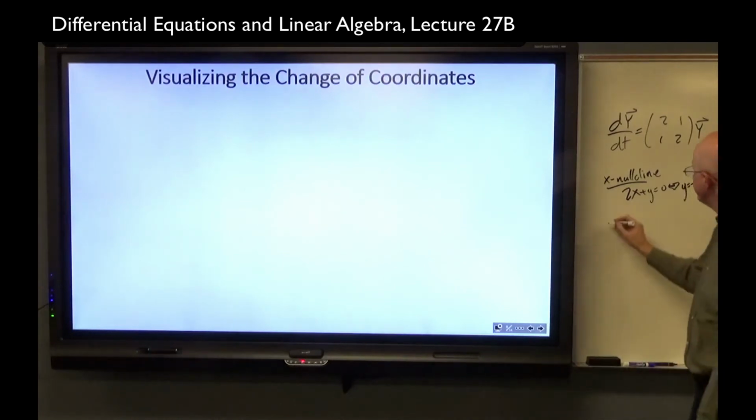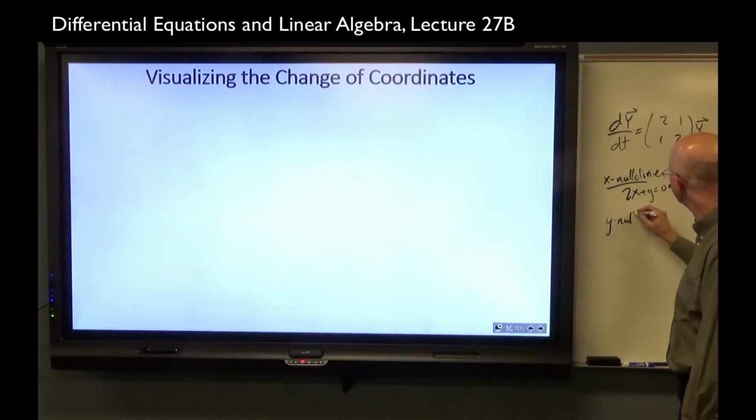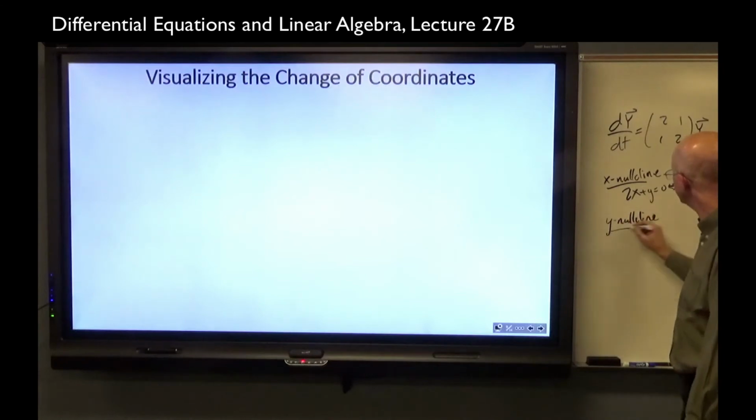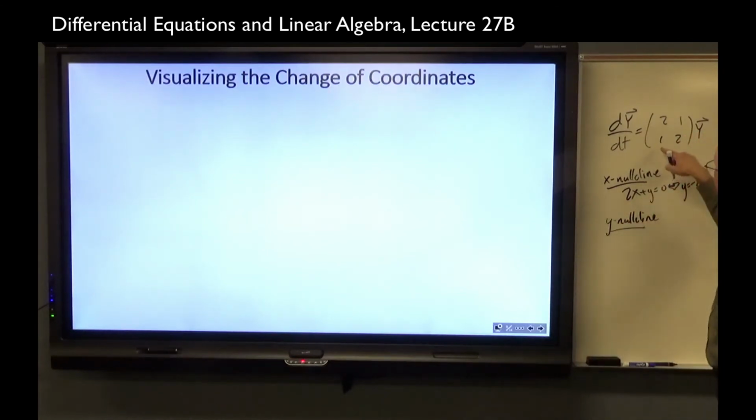And the y nullcline comes from the dy/dt equation. dy/dt would be x plus 2y. So x plus 2y is 0. y is going to be negative 1/2 x. So both of these nullclines happen to have negative slopes.